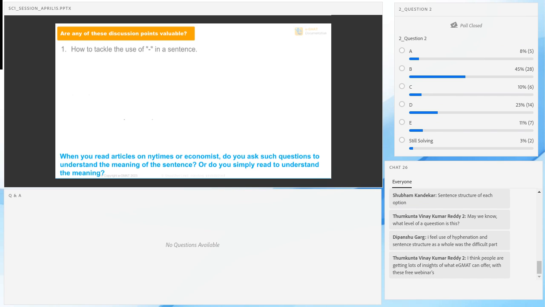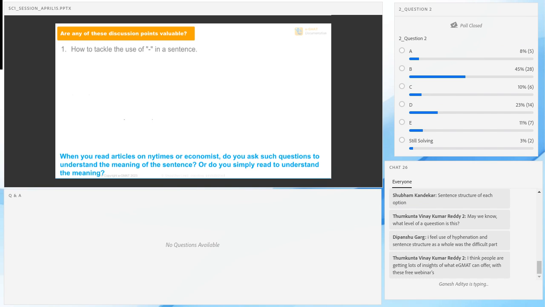That's very, very important. For example, how do you tackle the use of dash? You're not going to see a dash in a New York Times article and think, what is that dash doing? I understand that in the New York Times you're not there to spot mistakes. Absolutely, in SC you're there to spot mistakes, but the first and foremost thing you need to do in SC is understand the meaning.